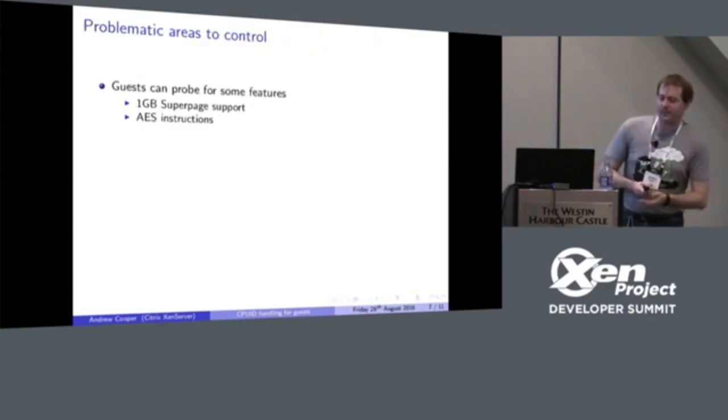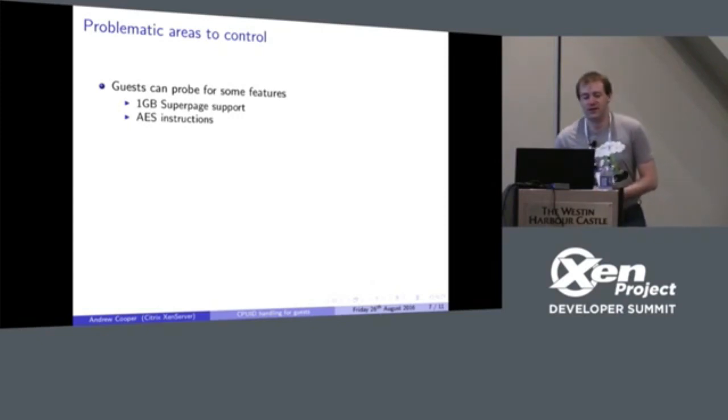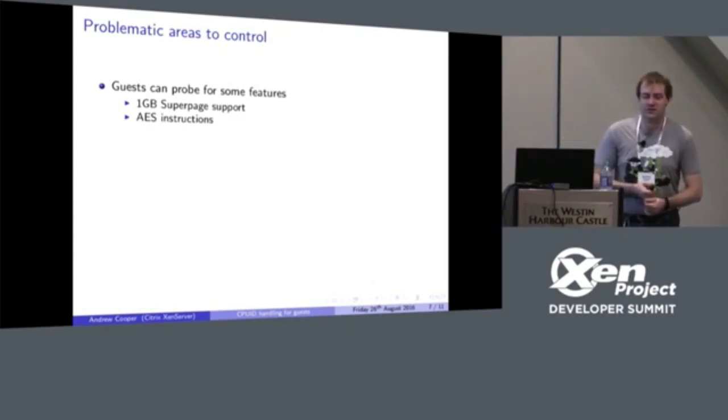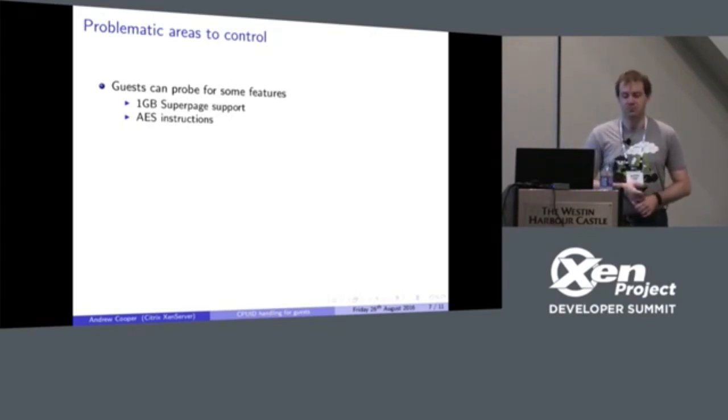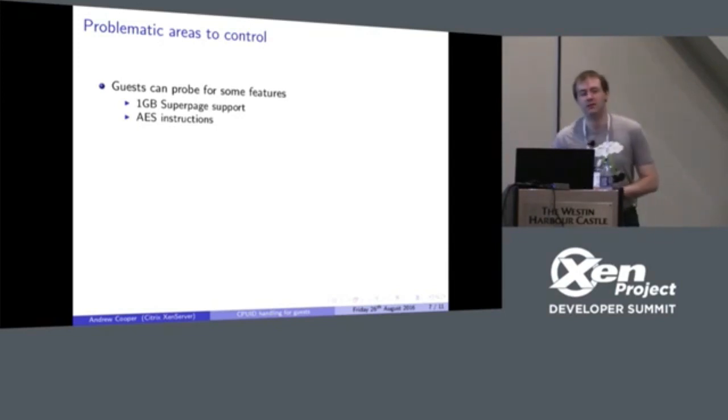So, along similar lines, there are a number of areas that are just problematic to control. 1 gig superpage support, for example. There's a feature bit for it, but if you ignore the feature bit and set up a 1 gig superpage, it may work, it may not. There's no control register in the paging settings to control whether that works or not, which means we can't actually hide its presence from guests.